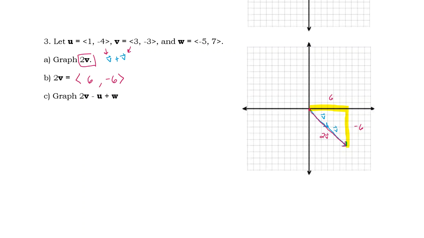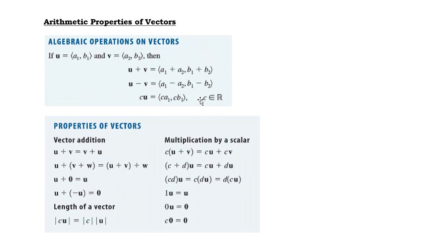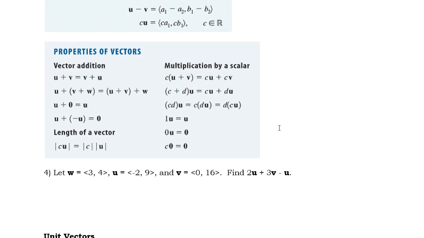And you might notice that if I take 2 times the vector v, I can write v in its component form and distribute the 2 into the parentheses and get vector 2v. So this is a property of vectors, which we're going to look at on this next page. Let's just take a quick look at what we just did.